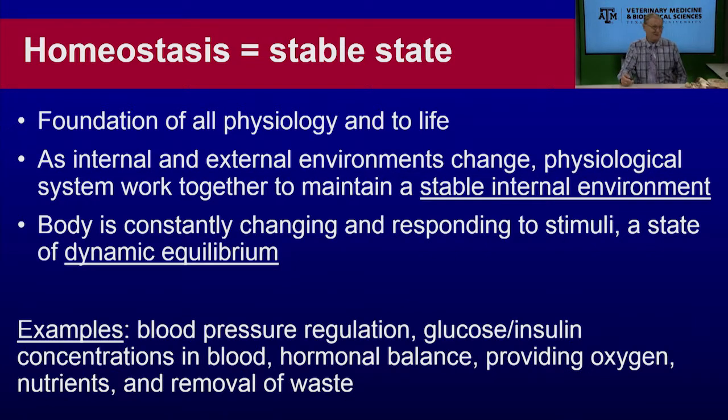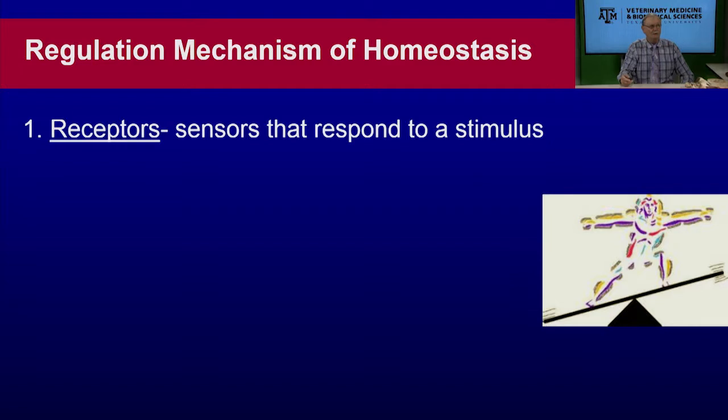We don't want it too low, and we don't want it too high. Glucose and insulin concentrations: you eat, you increase the amount of glucose, you need more insulin, so the body releases insulin. So that's the body adjusting to the glucose that's there. Same with oxygen or removal of waste.